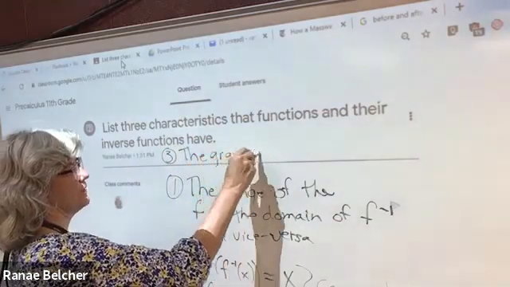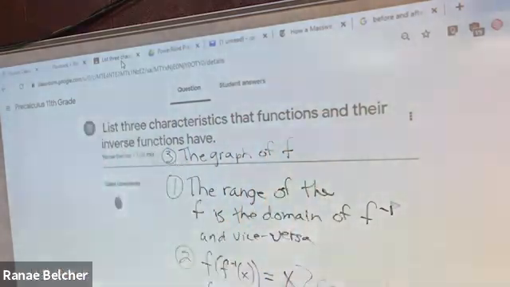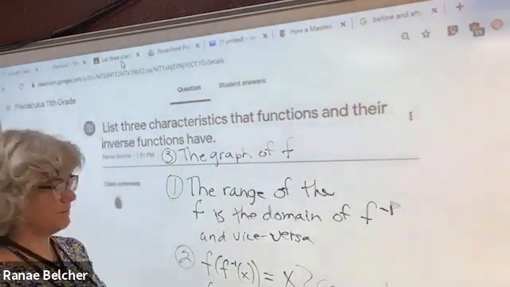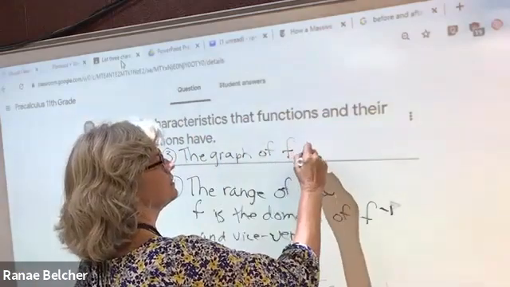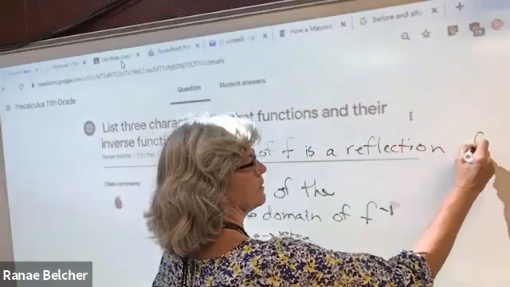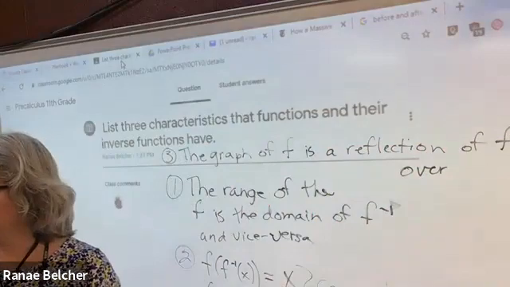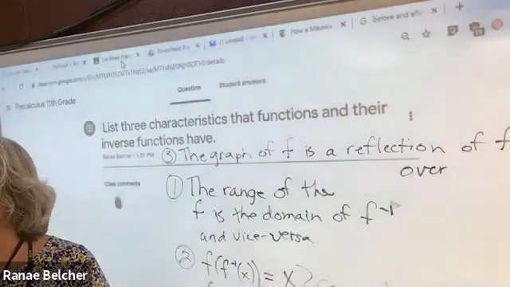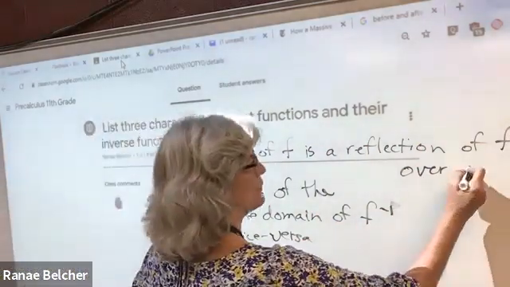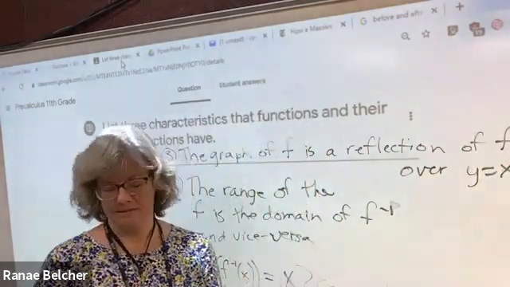The graph of f is a reflection of the inverse. Reflection over what? What is the mirror? The x-axis? The y-axis? So the line y equals x. Remember that? That's a diagonal line.